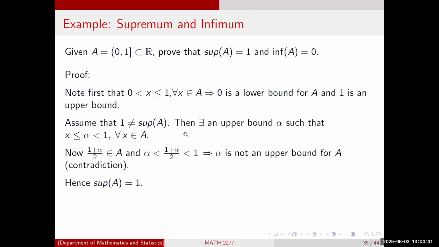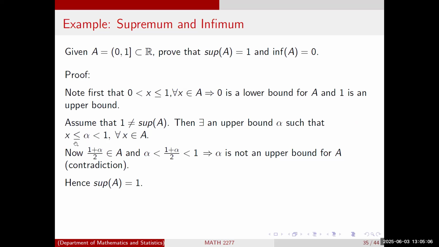We assumed that what we wanted to show was not the supremum. That means that there exists another upper bound, call it alpha, such that alpha must be less than the supremum. Oh, sorry, I want to show it's the supremum. So alpha must be less than 1. And of course, both alpha and 1 are upper bounds.